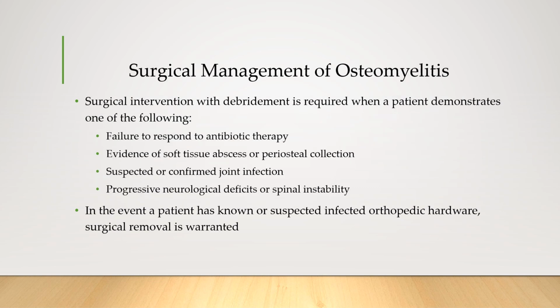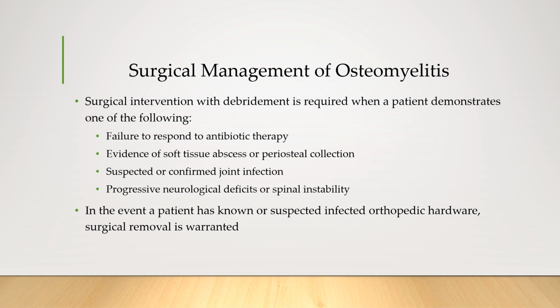So, surgical management of osteomyelitis. Surgical intervention with debridement is required when a patient demonstrates one of the following: failure to respond to antibiotic therapy, evidence of soft tissue abscess or periosteal collection, suspected or confirmed joint infection, progressive neurological deficits, or spinal instability.